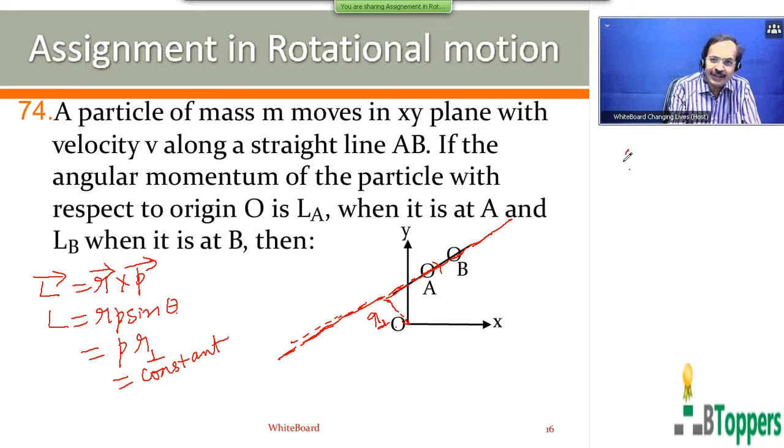Therefore, the angular momentum of the particle at A is the same as the angular momentum of the particle at B. So the magnitude of the angular momentum at each position is the magnitude of the linear momentum of the particle, m into v, into the perpendicular distance r perpendicular between the direction of the motion of the particle and the origin O. So the answer will be LA equal to LB.